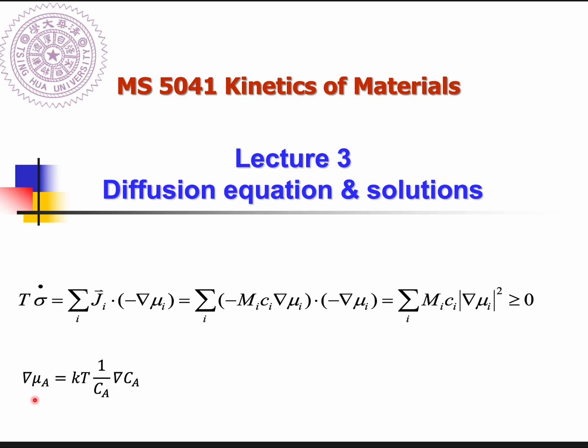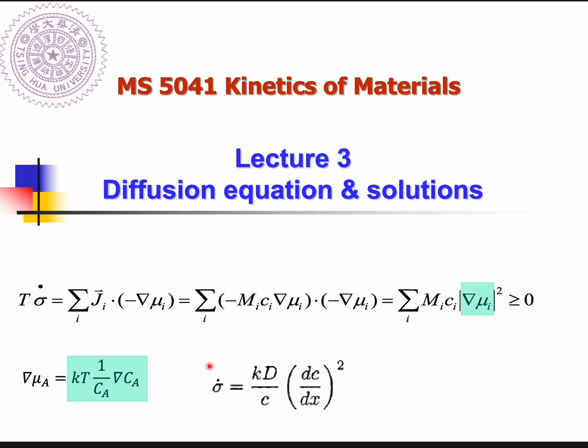They are proportional to each other by kT divided by C_a. So now we substitute this chemical potential gradient with kT divided by C_a times the concentration gradient.